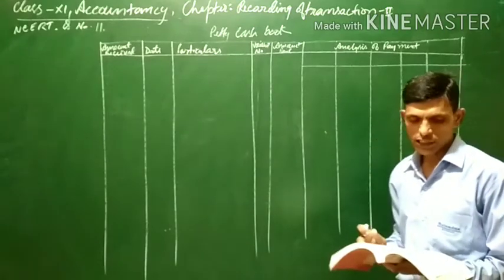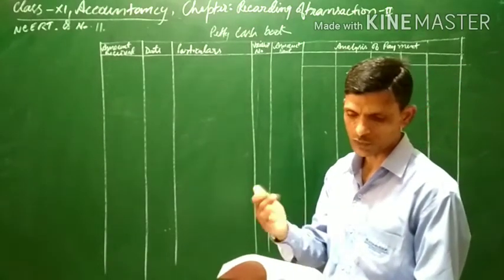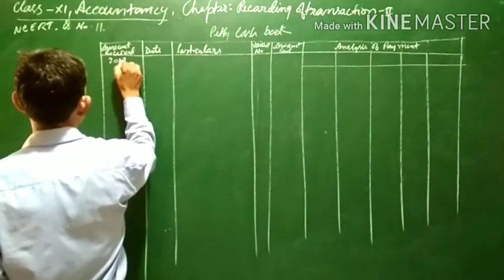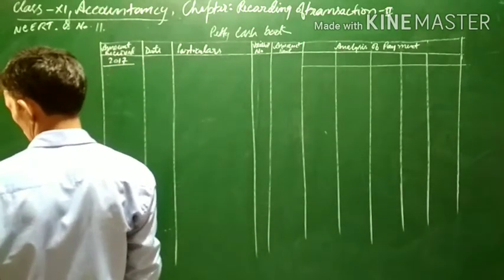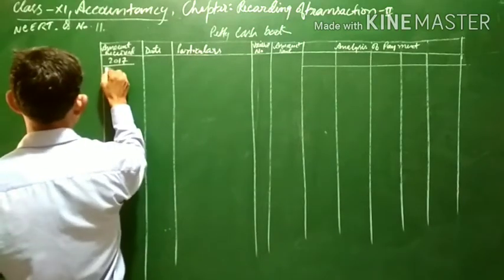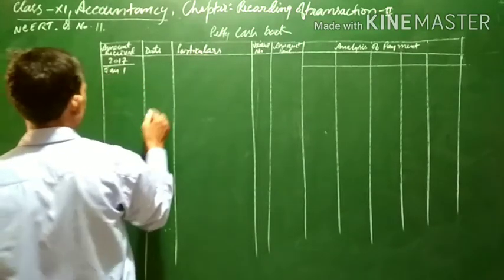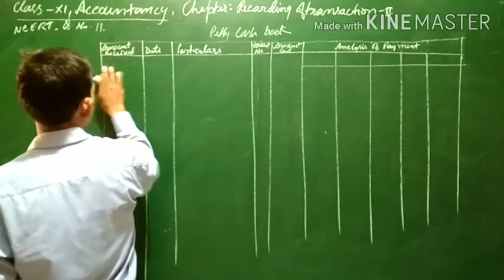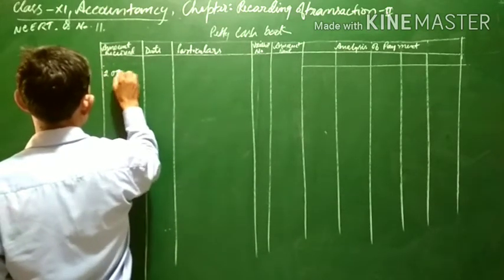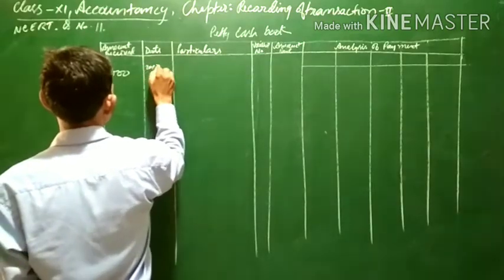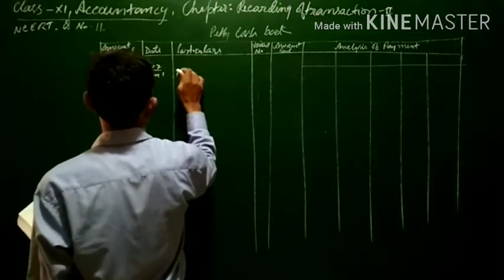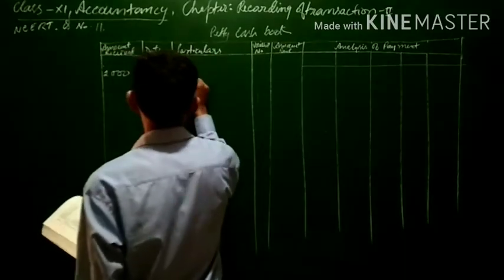Let us first of all start with rupees 2000, which is the imprest amount. It is given on January 1, 2017. Sorry, this is the amount received column. Here it is 2000, on 2017, January 1, and we will write here petty cash.